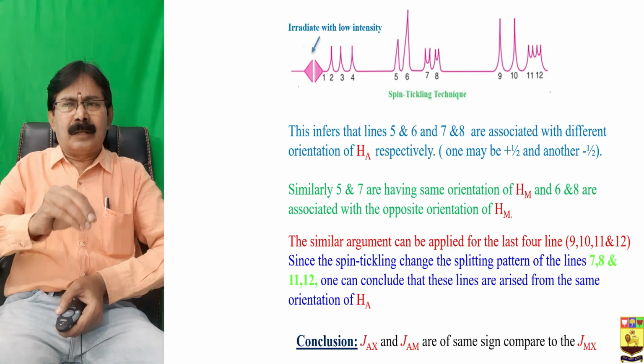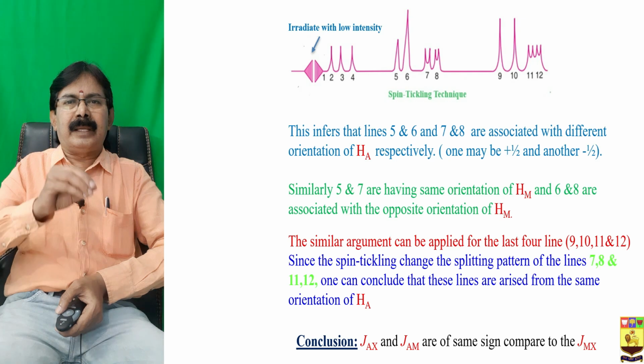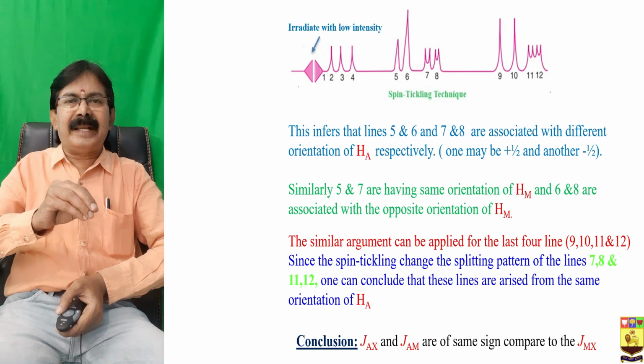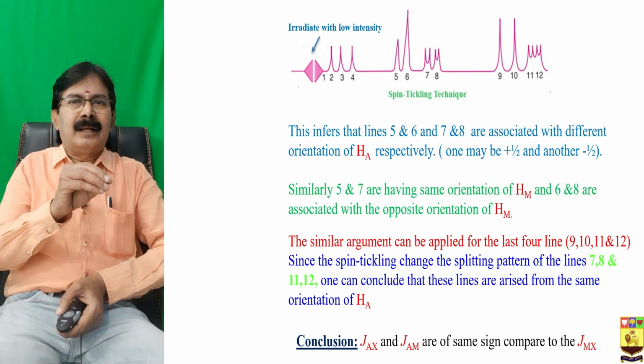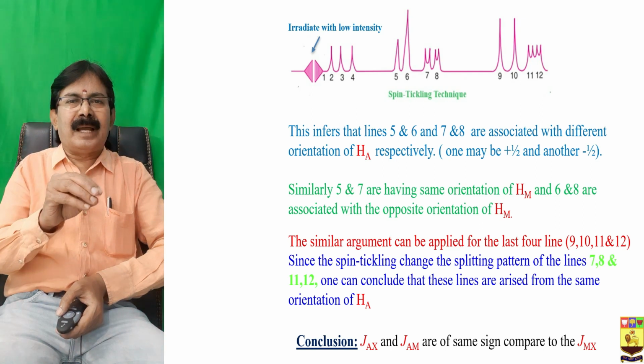So what is the conclusion? Lines 7 and 8 and 11 and 12 are affected if we irradiate line 1, which belongs to the HA.